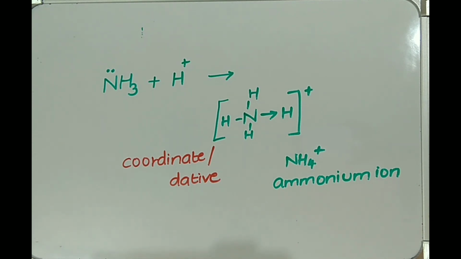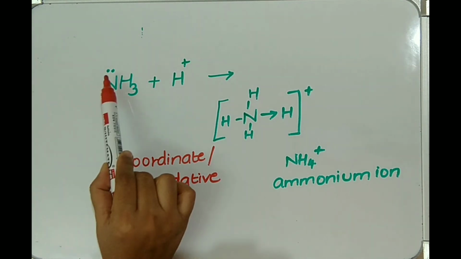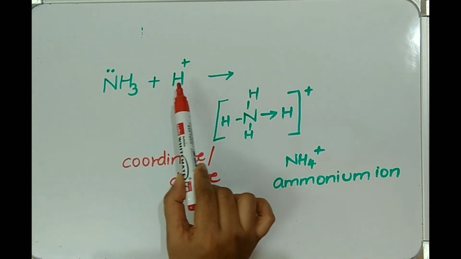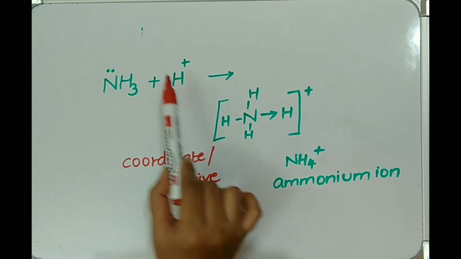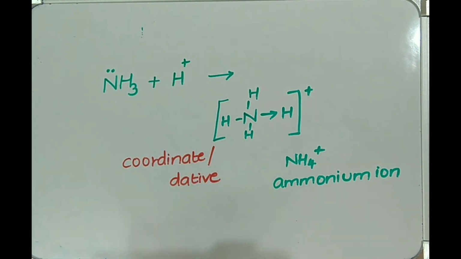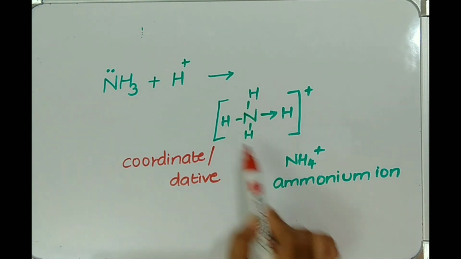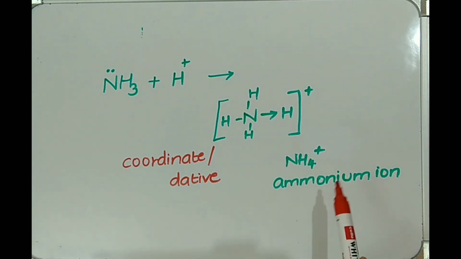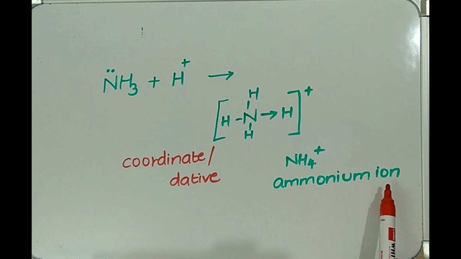So let's see this. Take an example of ammonia, NH3, and nitrogen has a lone pair of electrons. H plus species we are taking. So H plus and this lone pair of electrons will form a bond over here. So it forms NH4 plus ion, which is called the ammonium ion.